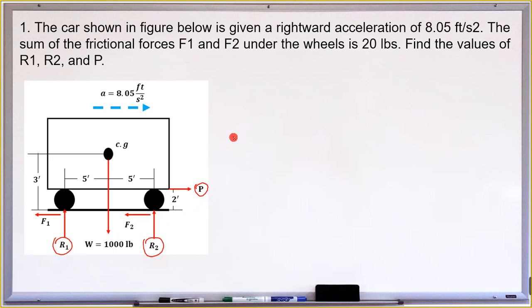So the first step is to know all the external forces, but luckily we are already given those external forces. We have the weight, 1,000 pounds, and the applied force P, which is 2 feet above the horizontal surface. We have R2, R1, and the frictional forces at the wheels, and this is the center of gravity, located 3 feet above the surface.